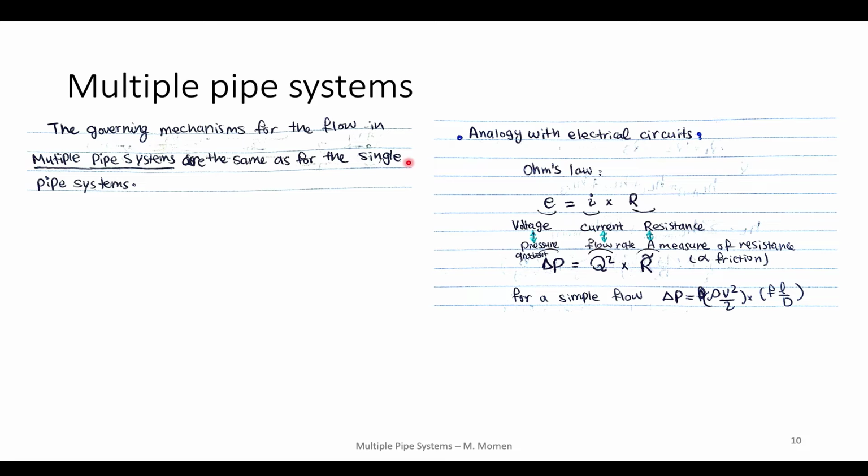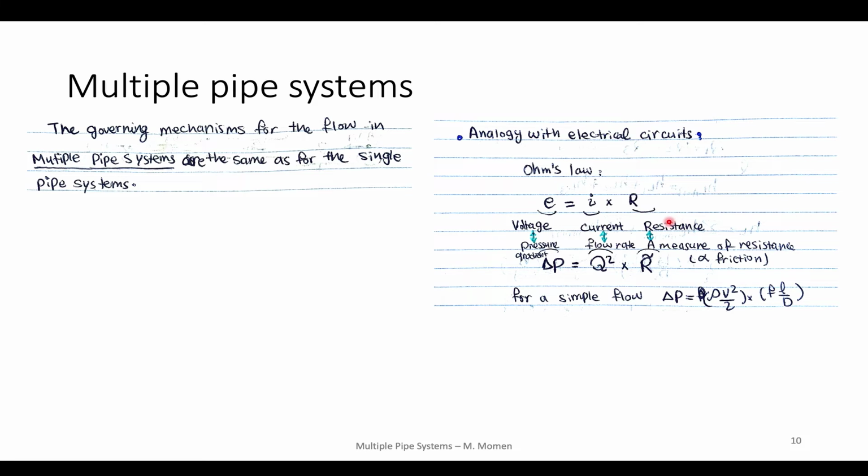I don't know if you remember, but one of the governing equations in electrical circuits is Ohm's law. Ohm's law relates the voltage in an electrical system with current and resistance in that system. This is the equation, E equals I times R, where E is voltage, I is current, and R is resistance.